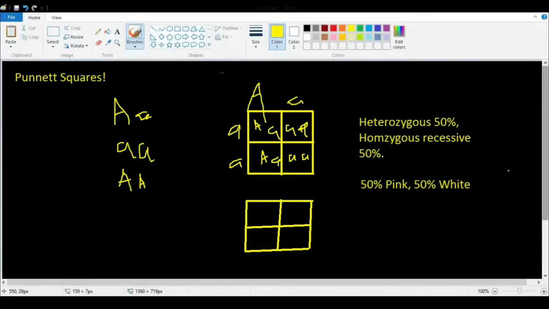Let's use the spike analogy I had earlier, and we'll just put S for spike. Whatever letter you use to represent your alleles usually represents something related to the gene. So both of these parents are heterozygous.